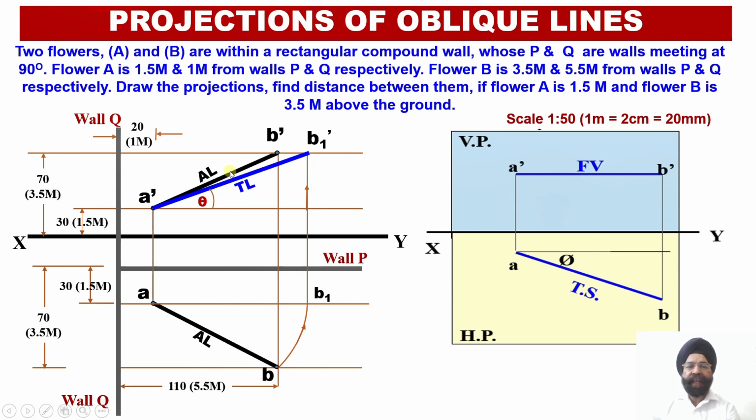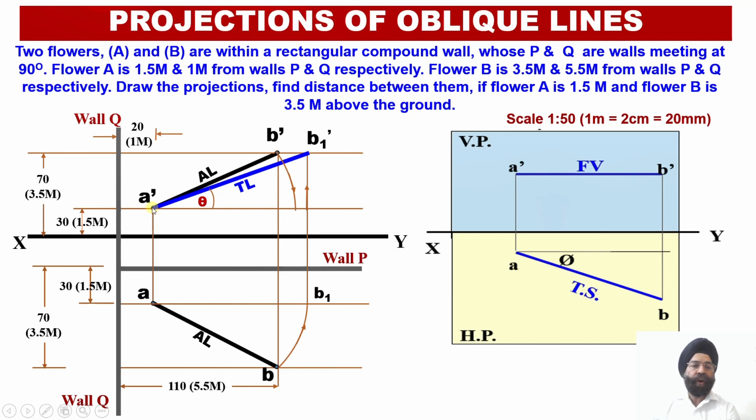But once again, our projector line in elevation, that is A dash B dash, happens to be inclined to the horizontal plane. So what we are going to do? As usual, we are going to rotate this inclined projector line of elevation A dash B dash to make it parallel to the horizontal plane.